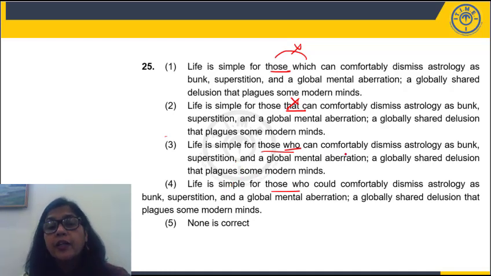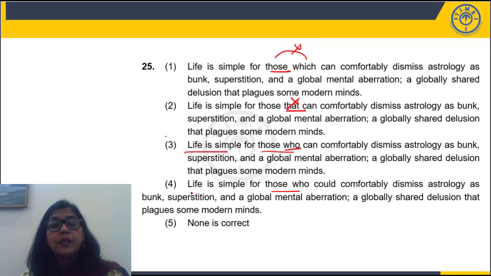For those who can comfortably dismiss astrology as bunk, superstition, and a global mental aberration, a globally shared delusion that plagues some modern minds. Nothing wrong in the third one. Let's try to find some errors in the fourth. If third is correct, fourth is definitely wrong. Life is simple for those who could comfortably dismiss astrology.